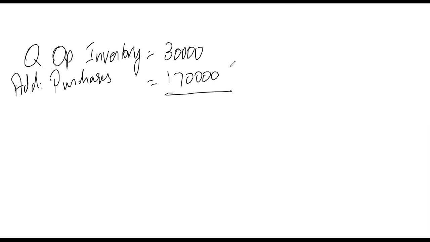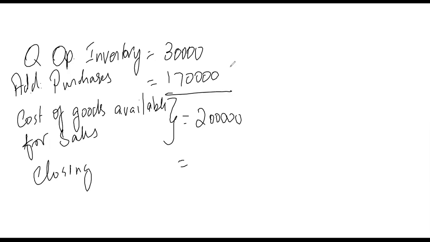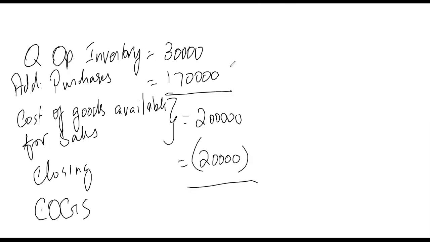So this gives me an answer of cost of goods available for sale. So cost of goods available for sale is 2 lakh. And the closing inventory that I'll be having is, let's suppose, 20,000. So my cost of goods sold is 1,80,000.